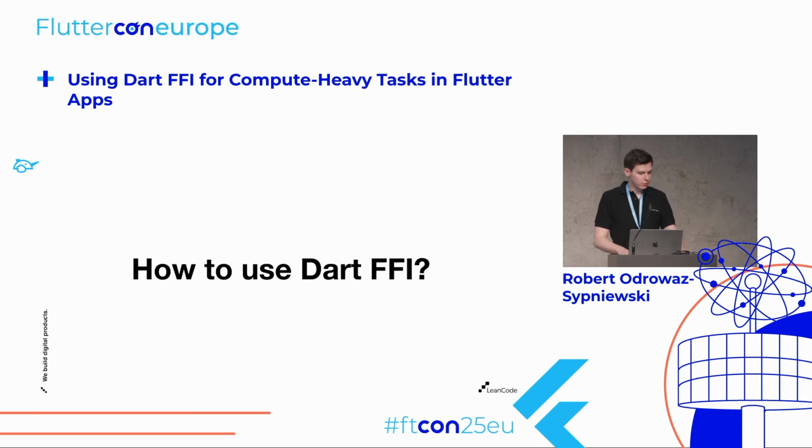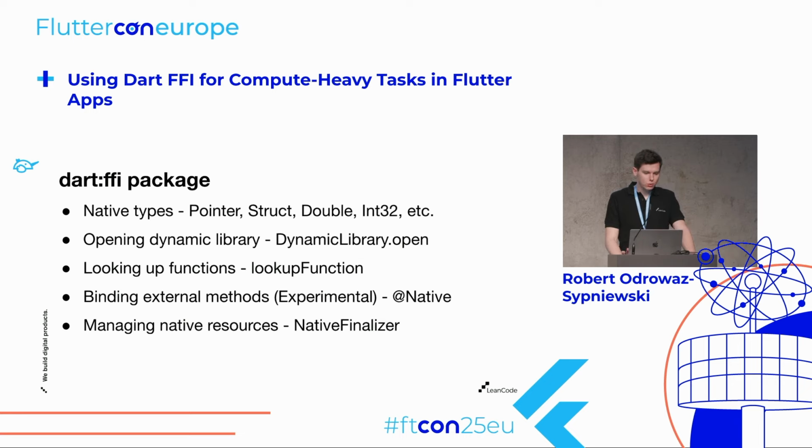Okay, so we can now go to how to actually use Dart FFI, and we'll start with pure Dart. We'll need two packages. First is coming from the Dart SDK, and it's the Dart FFI package, and it provides us with native types, so pointer, struct, double, etc. We'll need those to define interfaces for our FFI functions, because of course types between Dart and native languages don't match.